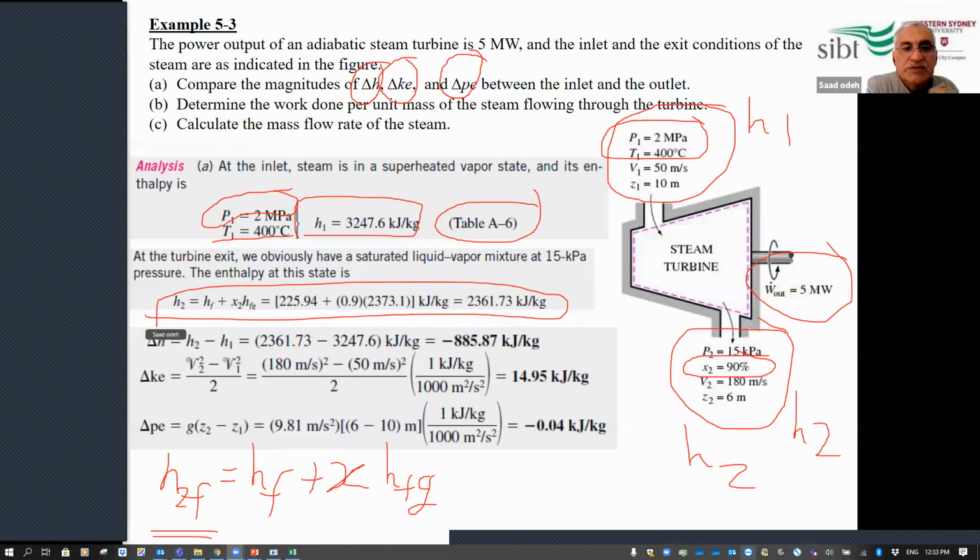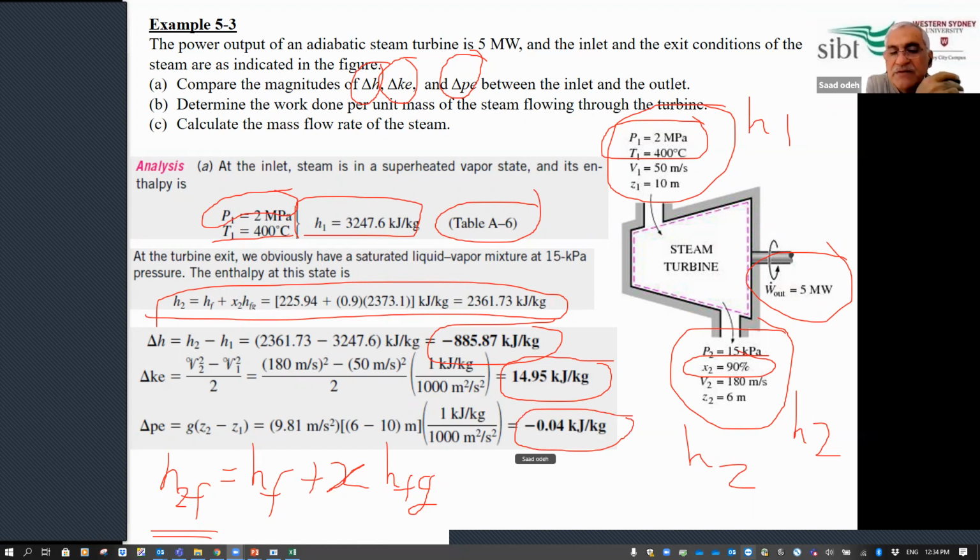We substitute the values using the x and then find h. Now, delta h between the inlet and exit, this is what we have, giving me this value. While delta KE, can you see here? Delta KE is only 14. And delta PE even less. Can you see delta potential is 0.04.